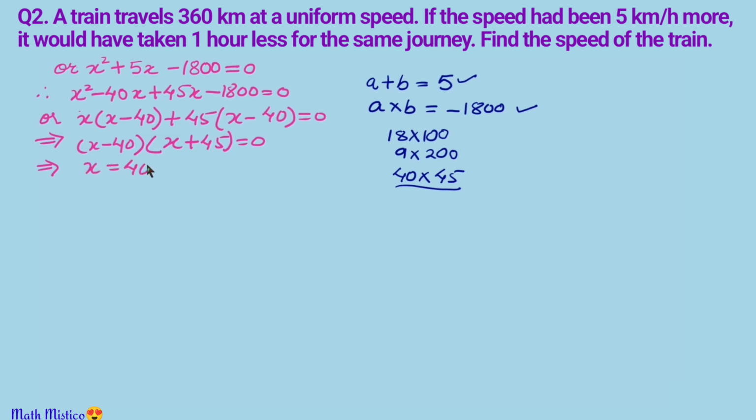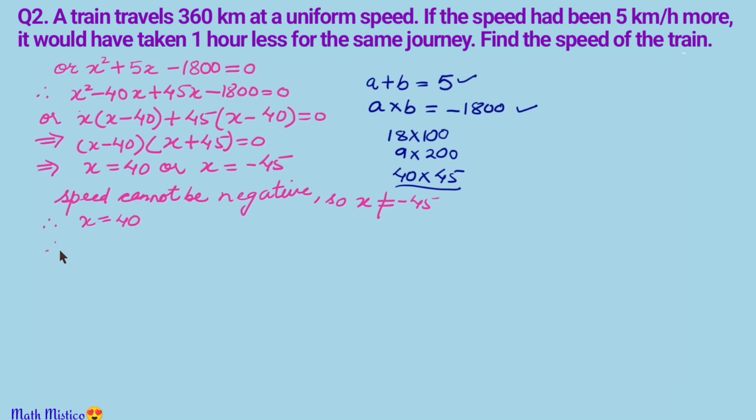So finally we get x equal to 40 or x equal to minus 45. The speed cannot be negative, so we reject x equal to minus 45, and therefore the speed of the train is 40 kilometers per hour. Hope this answer is clear to all of you.